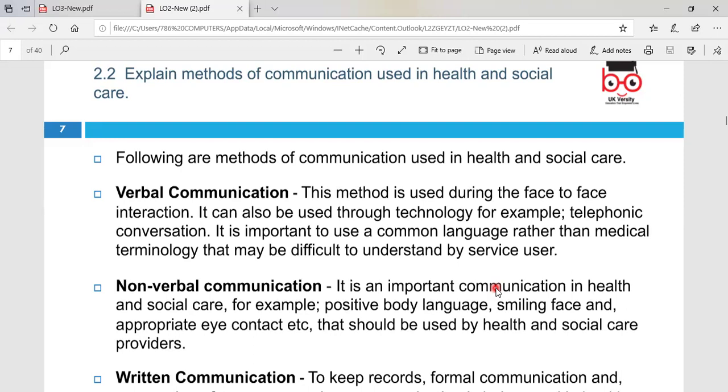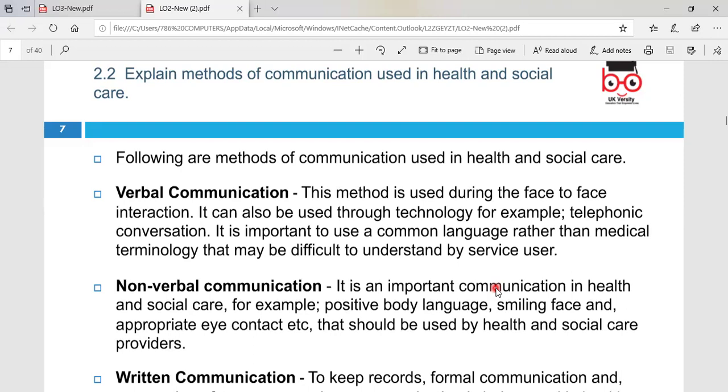So telephonic communications. So verbal communication, we understand.